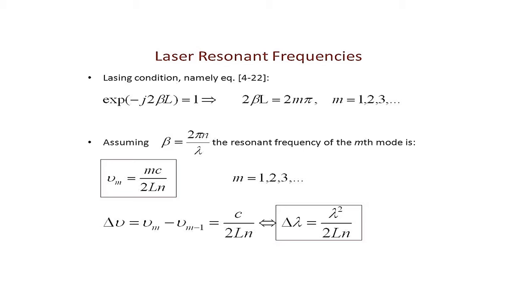So the resonant frequency of the mth mode is Vm is equal to mc divided by 2ln, that is m is equal to 1, 2, 3, etc. So del V is equal to Vm minus Vm minus 1, that is equal to C by 2ln, that is equal to del lambda, that is equal to lambda squared by 2ln.